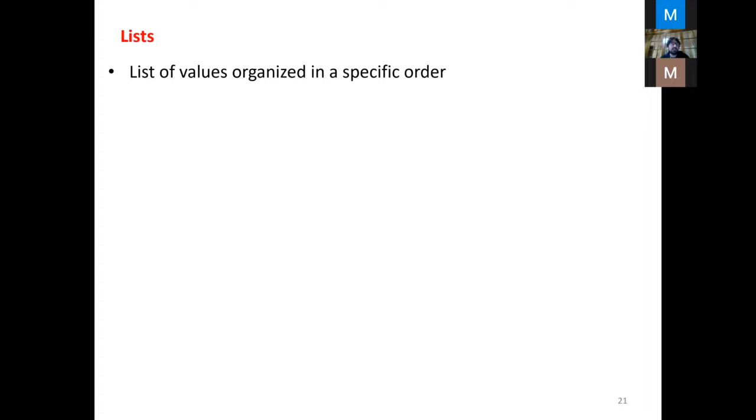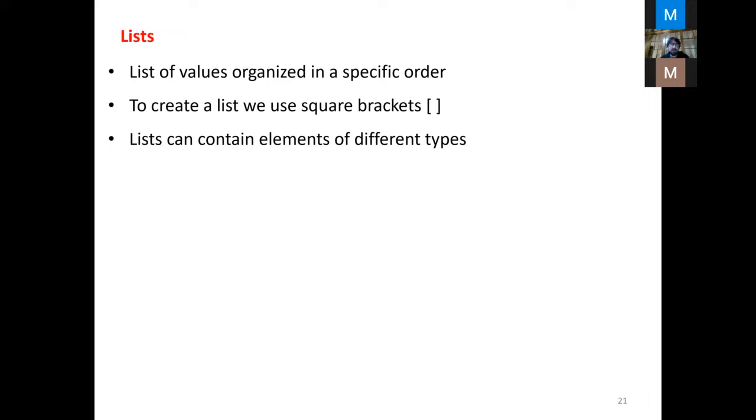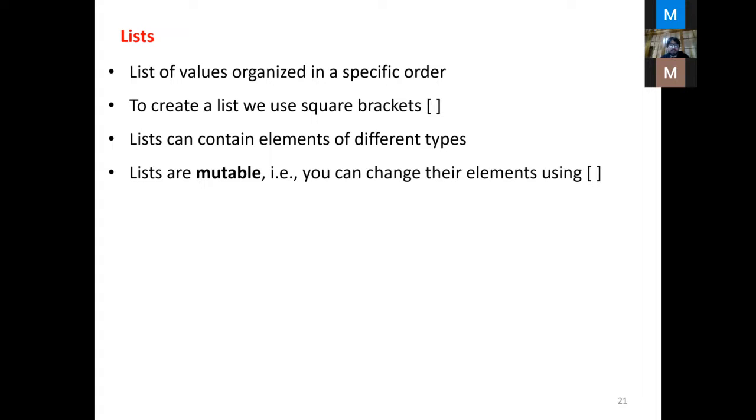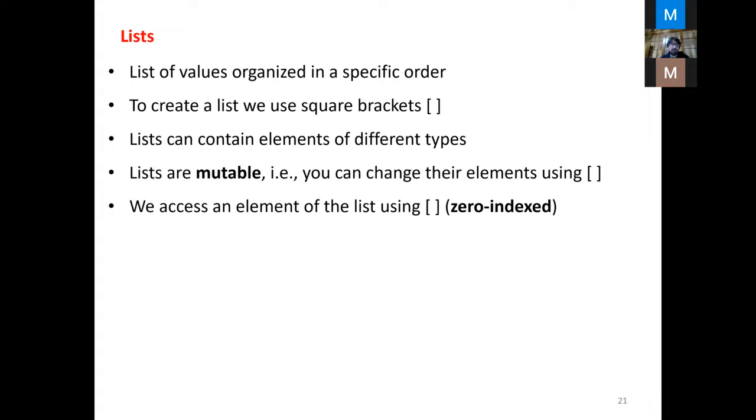The name is very self-explanatory. A list is a list of values organized in a specific order. To create a list, we use square brackets. We will show you in an example. Lists can contain elements of different types, so you can put a float, a string, an integer inside of a list, and they are mutable, so you can change them after you created them.